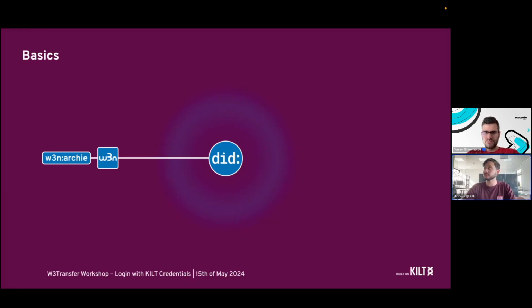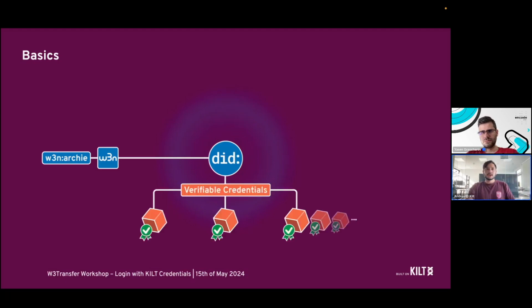But this is not all what the identity is. The whole identity is formed by the identifier and the verifiable credentials. So verifiable credentials and identifiers form the identity. What are verifiable credentials?